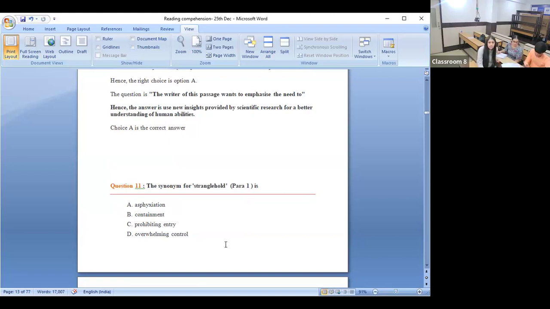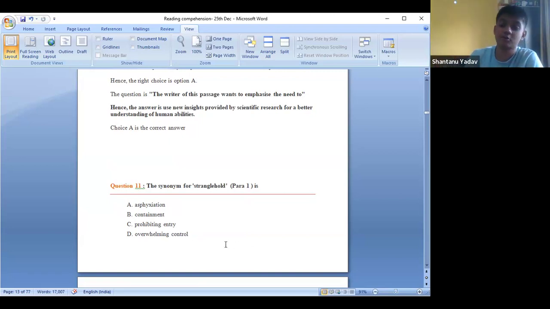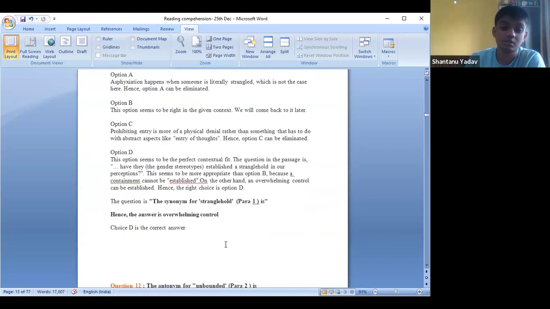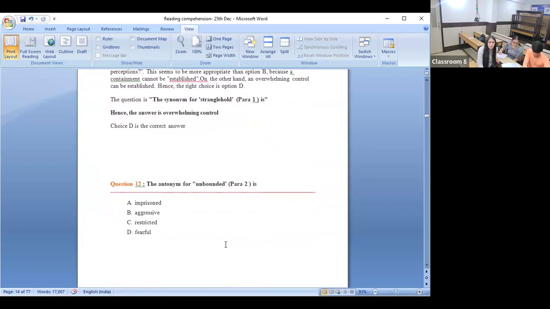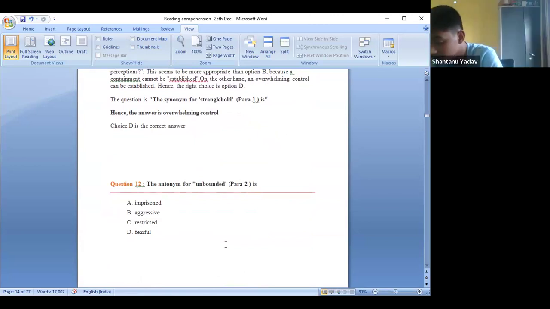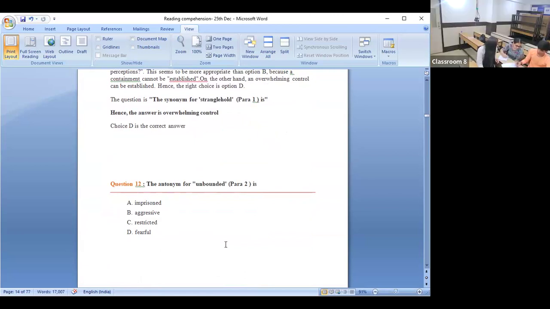What did you write, synonym? Ma'am, I wrote D. D for dog. Chalo, last one, Shantanu. Ma'am, I wrote cat. Actually, feed, so I got restricted.